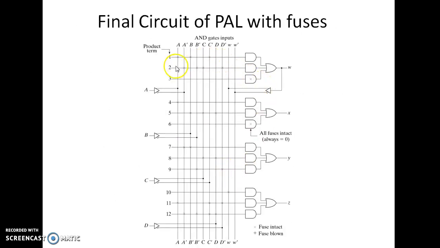So simply put a cross mark if there is a letter. Right? That means what we are giving to this AND gate? A dot B dot C bar. And what we are giving to this AND gate? A bar dot B bar dot C dot D bar. And this AND gate is not required because nothing is there.